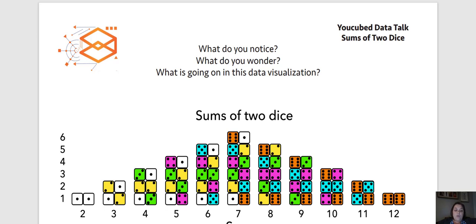Purple was 4, white was 1, yellow was 2, and so on. A lot of people mentioned how it was symmetrical, like a bell-shaped curve, perfectly symmetrical because it represented all the different combinations of sums.